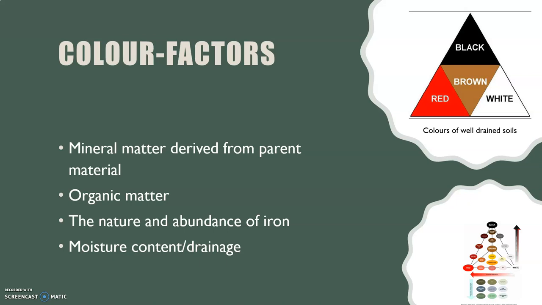It may be red in color, or if it contains calcium, it will be white in color. If it contains normal general minerals like potassium and phosphorus, it will be brown in color. And the nature and problems of soils, moisture content, drainage.